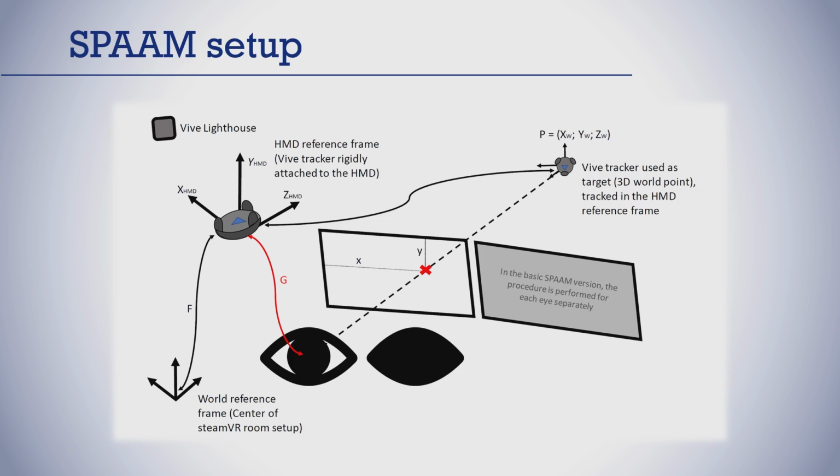When the user feels that the crosshair is aligned, he presses a button, and the system saves several parameters. The parameters saved are the coordinates of the other tracker in the reference frame of the tracker that is placed on the headset, and then the pixel coordinates of the crosshair in that trial.